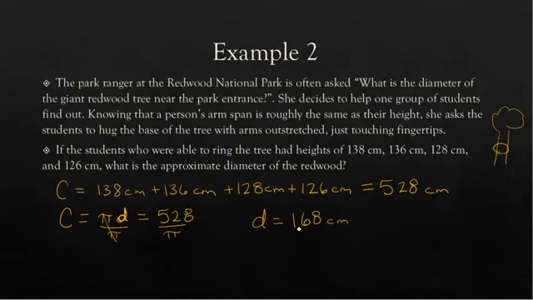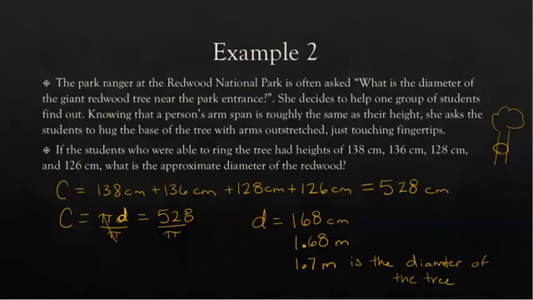If you would like, you could put that into meters, and you could say that it's 1.68, or maybe you even want to round to the nearest tenth and call it 1.7 meters. And I'm just not sure that that's as big as the redwood tree would really be. But that was the numbers that we were given.